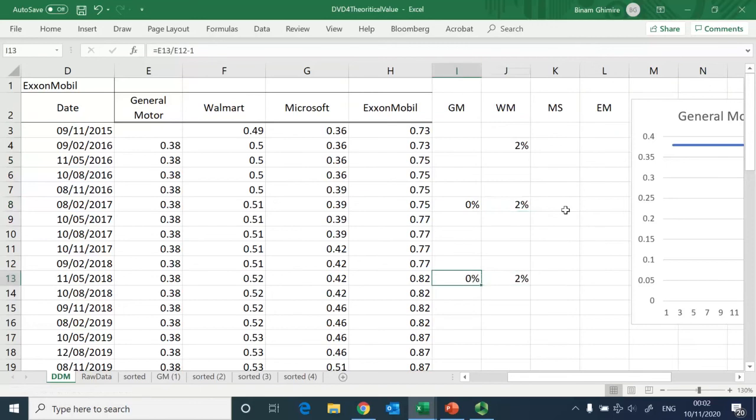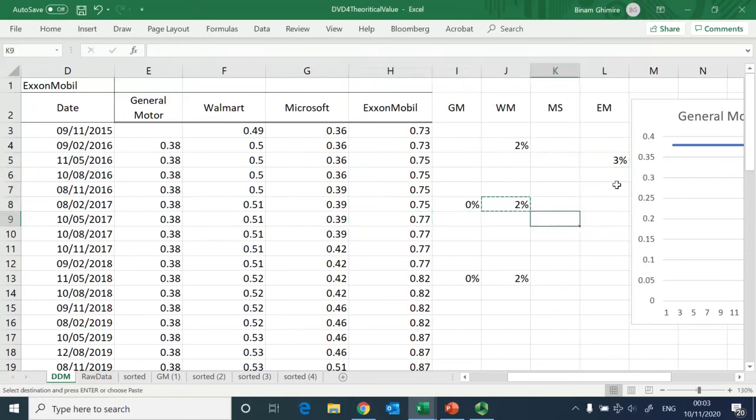Again, everywhere it will be 0% for General Motors. And now let's see for ExxonMobil. For ExxonMobil here, in between these two we can compute the rate, which is 3% here, and there is a difference.